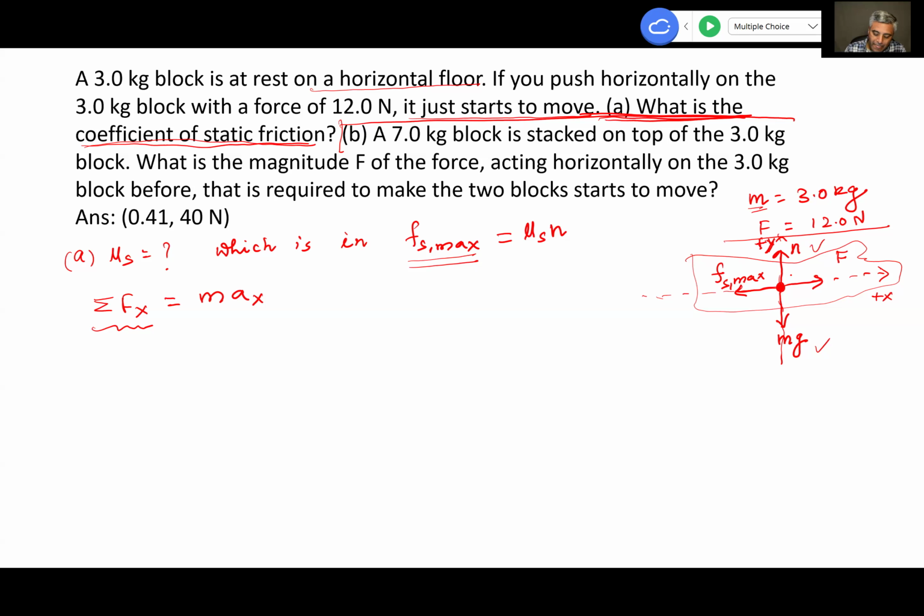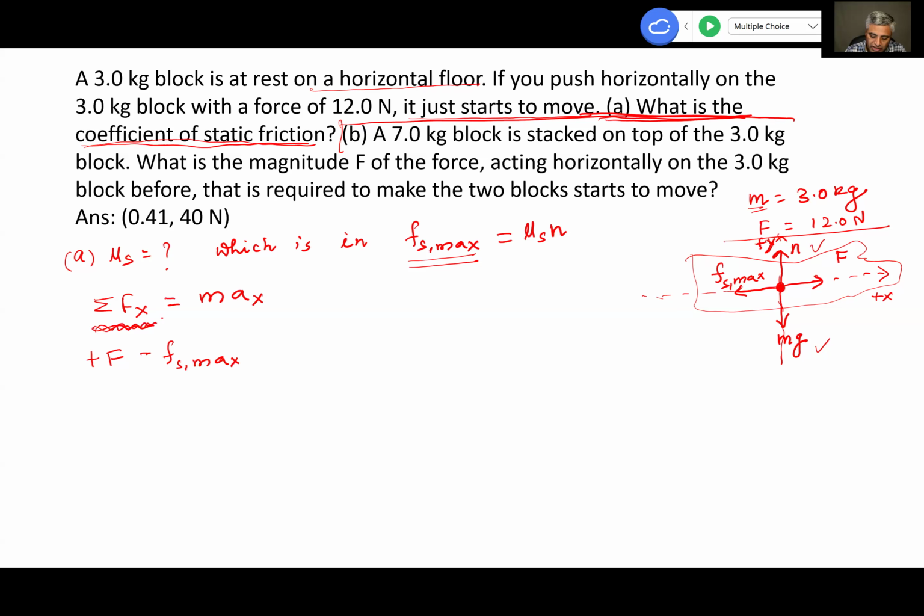Okay. So there are 2 forces. I like to start writing with the force that is pointing in the positive direction. F is pointing in the positive x direction, so I'm writing it as a positive F. And then the friction force is opposite of that, which means it's going to have a negative sign. So 2 forces.